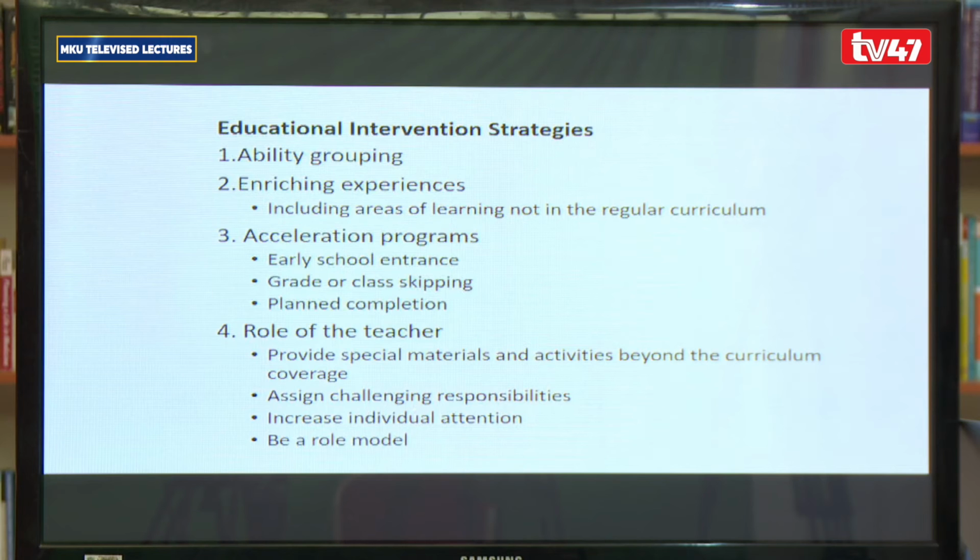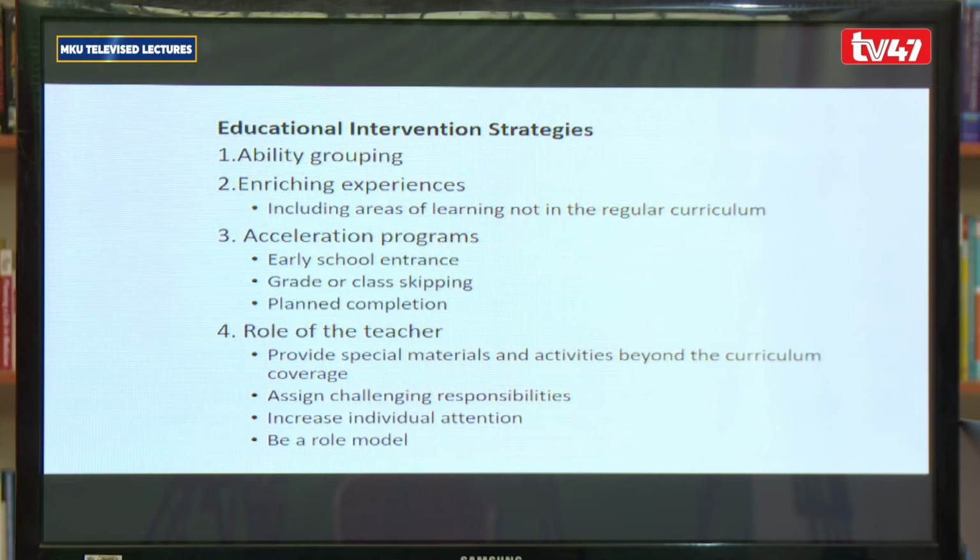And then planned completion. When you talk of planned completion, we are saying we do not wait until, for example, here now we have a policy where we are talking of 18 years, not really, not 18, 14. By the time they are leaving, 14, 15 there. So you're not limiting yourself to the policy, to the legal requirements, for example, of a certain country.